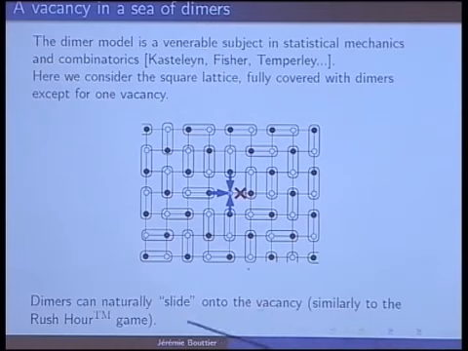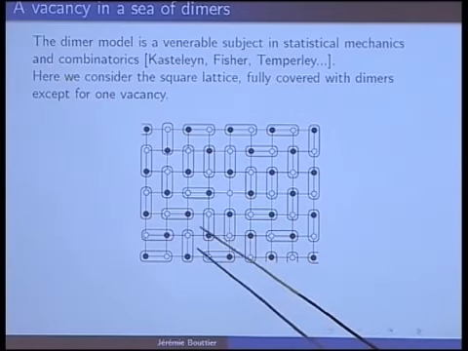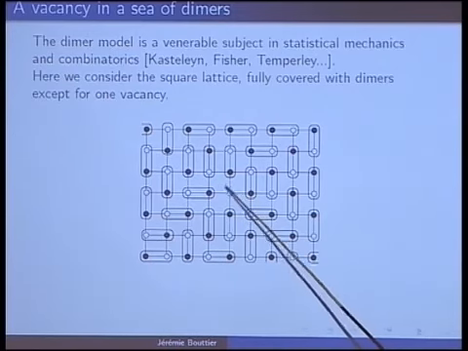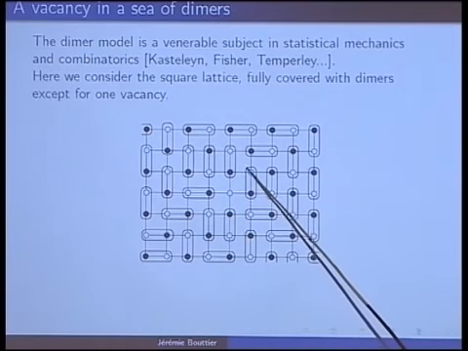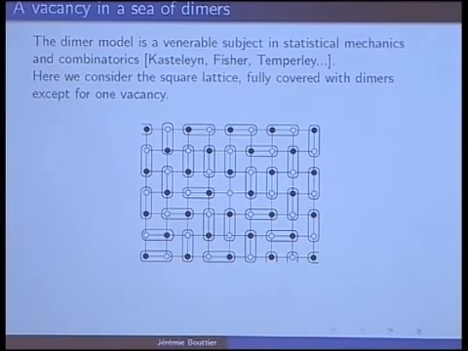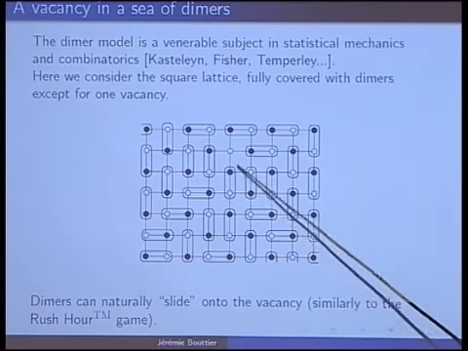Maybe you know the Rush Hour game, it's a bit like that basic idea. In this configuration you see that there are three possible moves, which correspond to sliding these three dimers. This one is not allowed to move because you would need to rotate, and that is not an allowed movement. So here you have three possible moves. For instance, if I apply this move, then the new configuration would be this one.